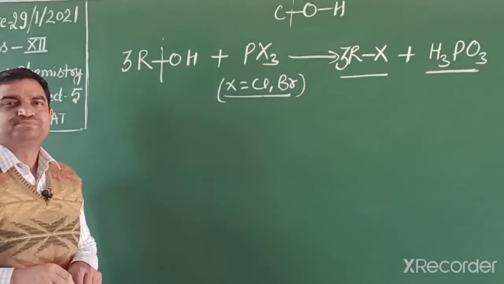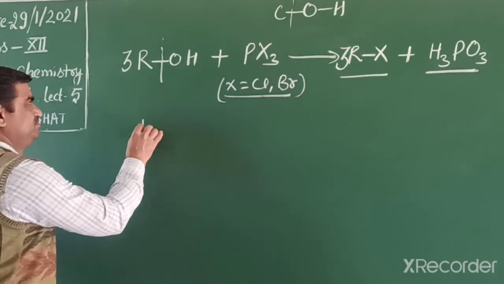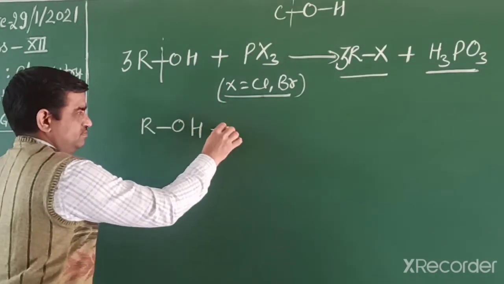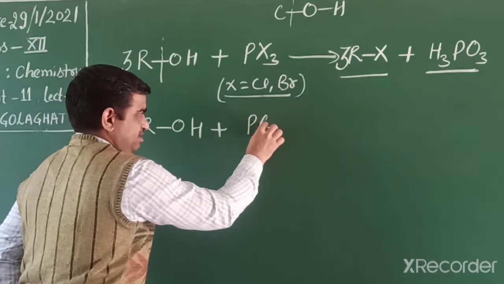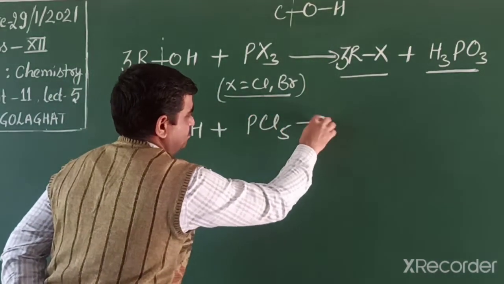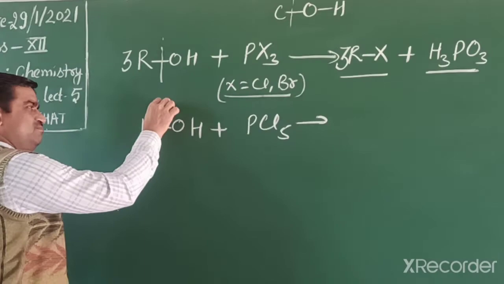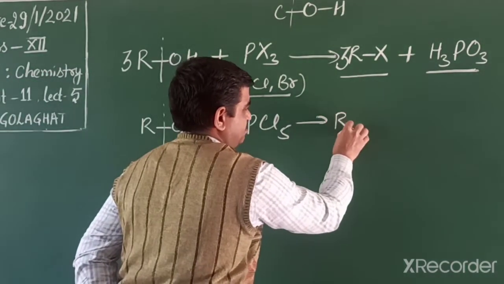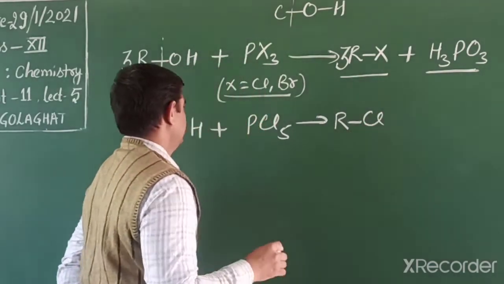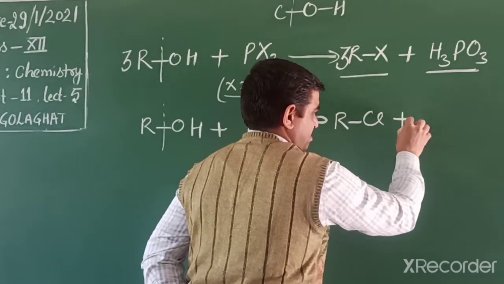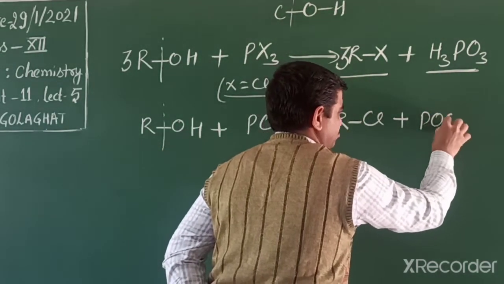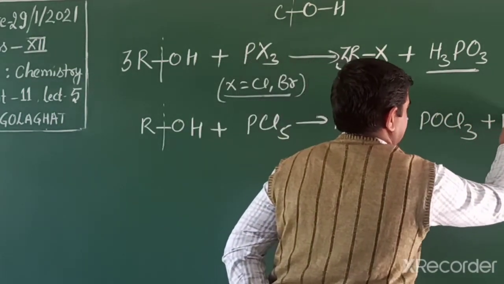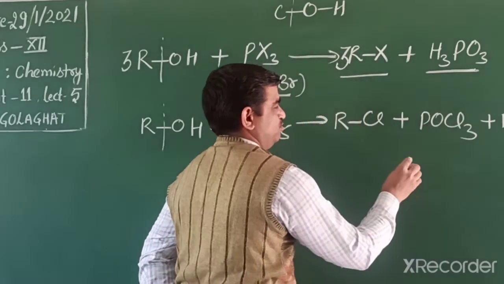Another reaction of phosphorus halide, PCl5. In this reaction also the carbon-oxygen bond dissociates, and we get alkyl chloride. The other products are POCl3, phosphoryl chloride, and HCl.